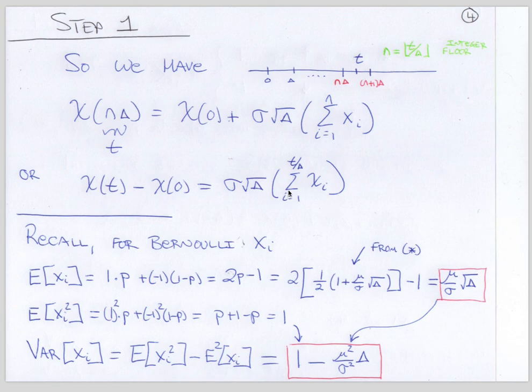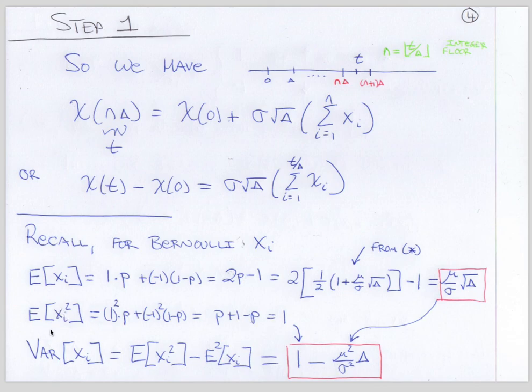So now, if you remember, for a Bernoulli random variable xi, the expected value can be written as this here, which if we plug in our special value for p, we get mu divided by sigma times the square root of delta.